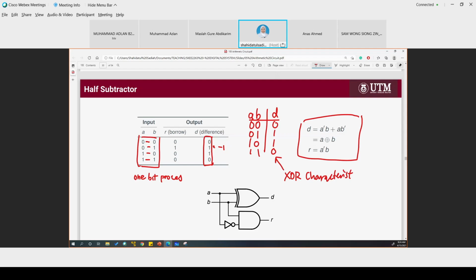This is the XOR characteristic. When the inputs are the same, it will produce a 0. When the inputs are different, it will produce 1. So we can conclude that D is A XOR B. For the borrow, here are 0, 0, 0, 1, 1, 0, 1, 1, giving 0, 1, 0, 0.